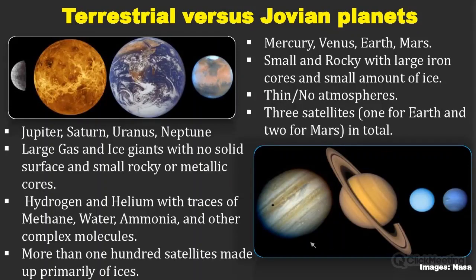The main content of these planets is hydrogen and helium, with traces of poisonous gases, water, and other complex molecules. These planets have more than 100 satellites, which are primarily made of ices.